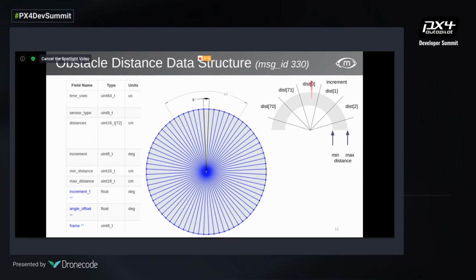So distance index 0 is pointing straight forward, and then it's 5-degree increments all the way around. If you want higher resolution, you can decrease the increment value to something less than 5 degrees, or you can just leave it as 5-degree increments, and then you'll see all the way around.